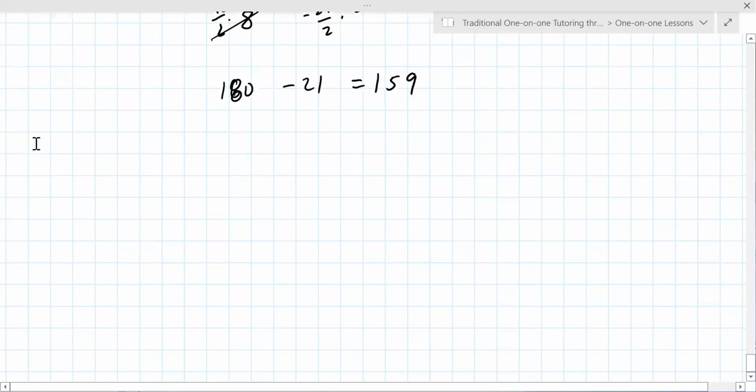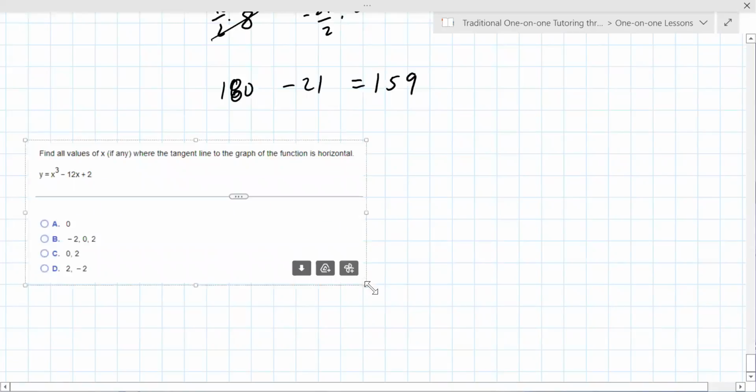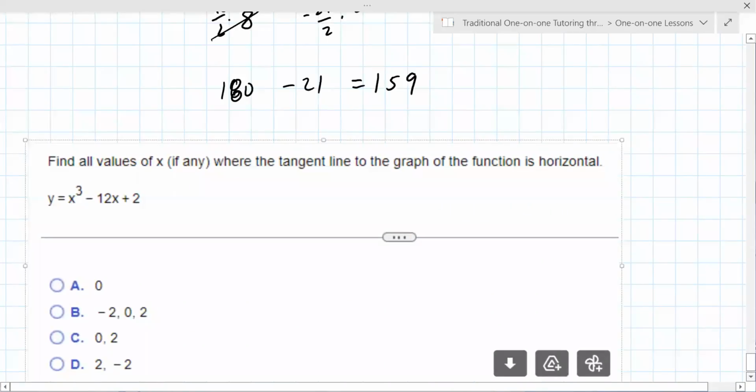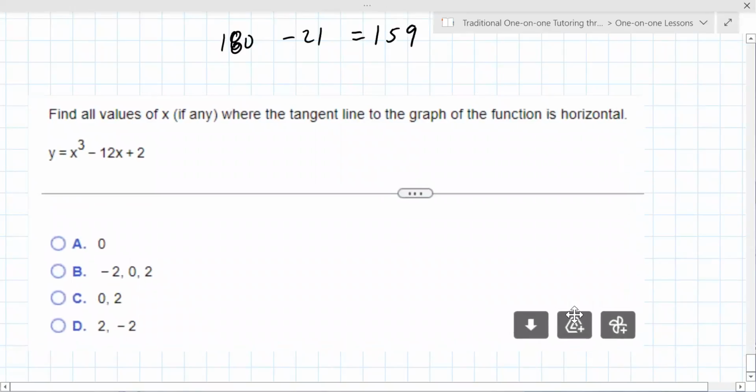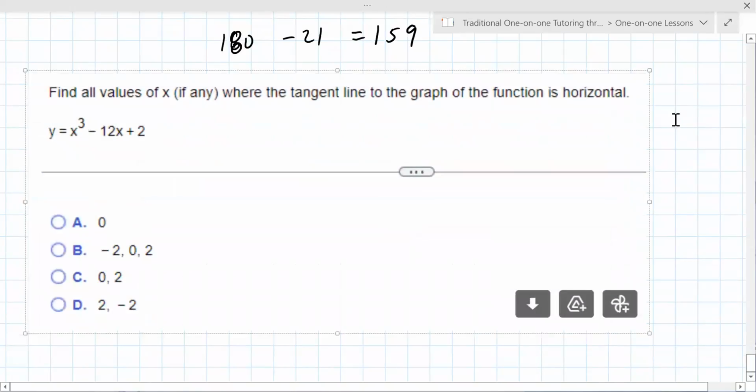Got it. Okay, 21. It says find the values of x, if any, where the tangent line to the graph of the function is horizontal. So they're basically saying take the derivative, just like we've been doing, and set it equal to 0. The derivative of x cubed here is 3x squared.